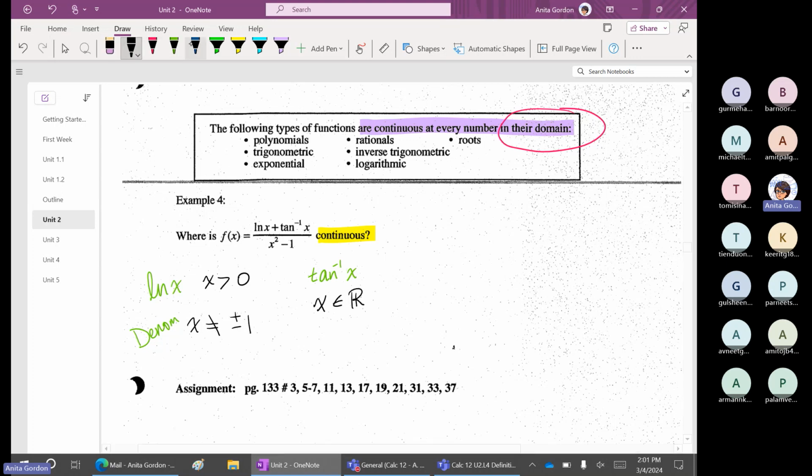So let's talk about overall. Where is it continuous? What is the domain of this function? Okay, so x has to be greater than 0 and cannot be equal to 1. Can you tell me how to write this in interval notation?